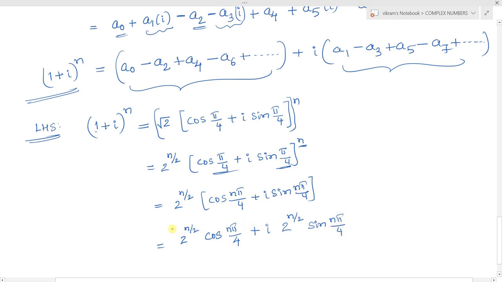This is the resultant, the RHS. Now compare the real and imaginary parts.